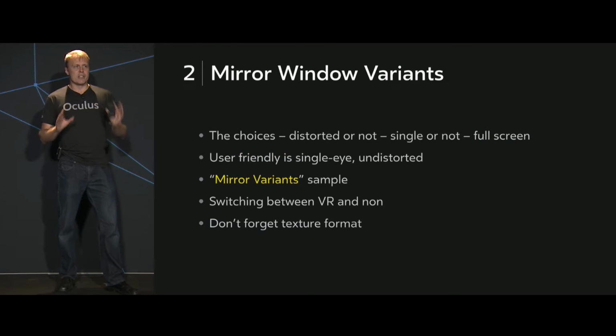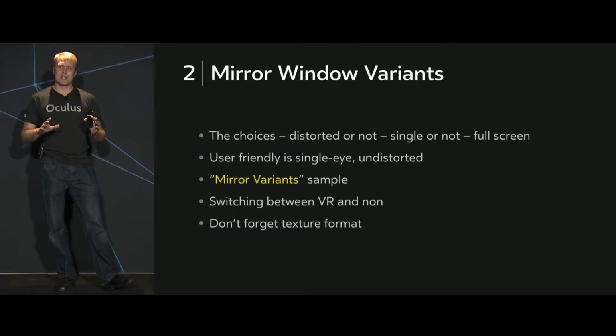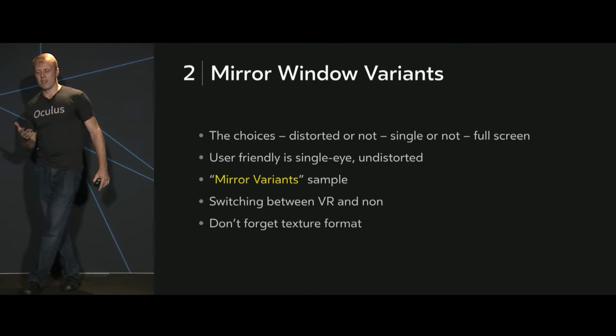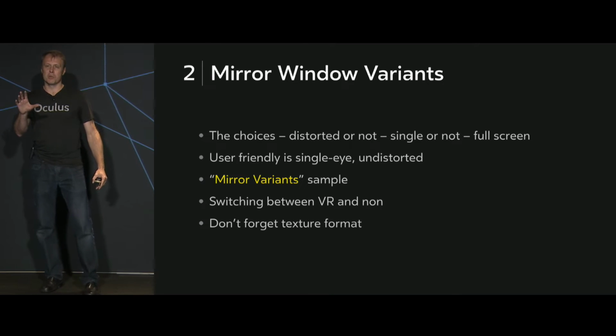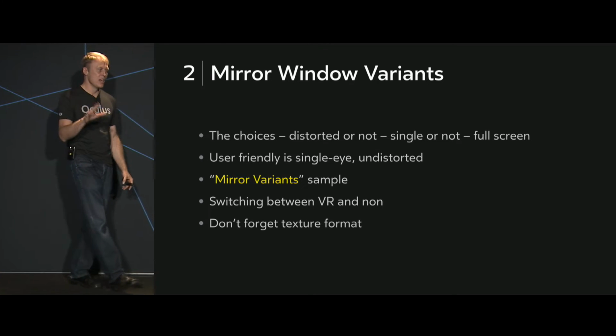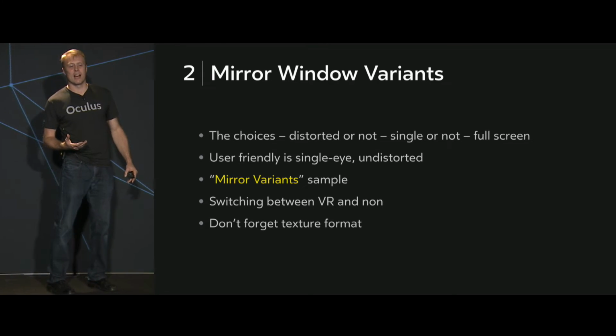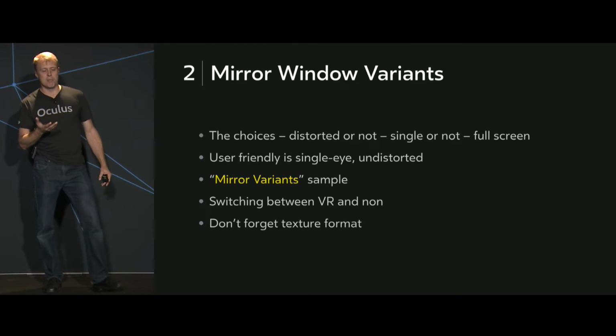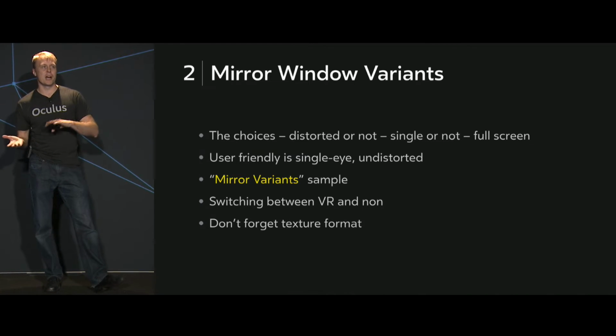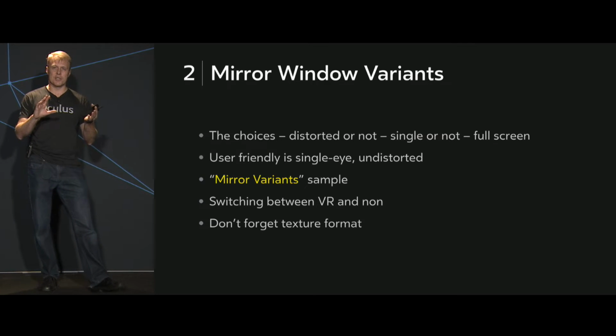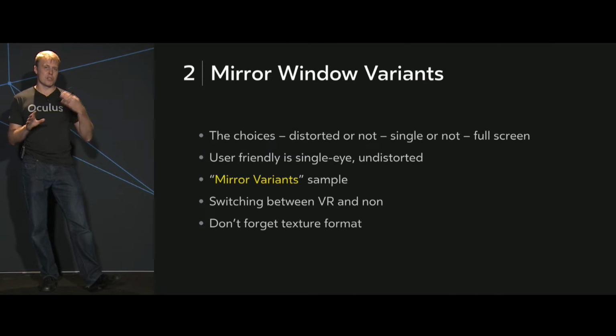We're probably all very used to the iconic representation of a VR application on the monitor with its two distorted eye buffers. But it doesn't have to be that way at all. In fact, we present a mirror variance sample where we show you how you can have one eye instead of two eyes. You can choose to show them distorted or undistorted or full screen.